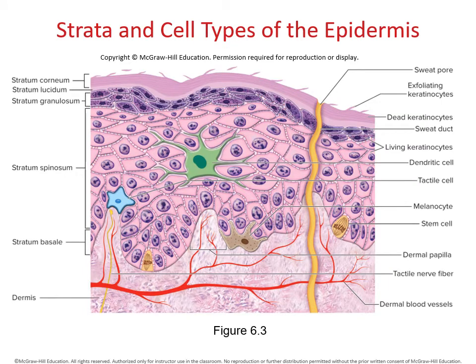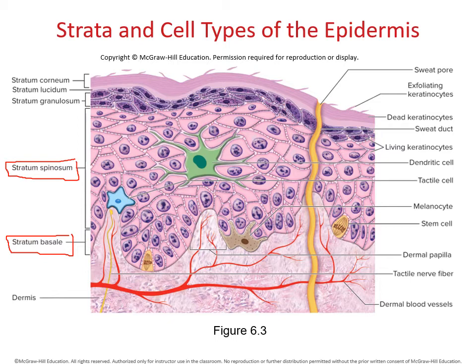So I've inserted this figure again just to keep track of where we are. Looking on the left-hand side, we started with the stratum basal. So that's the bottom layer, and then we moved up to the stratum spinosum. As you can see, the stratum spinosum is a little bit of a thicker sublayer. It has more layers of keratinocytes.